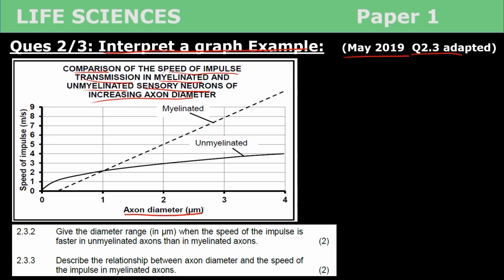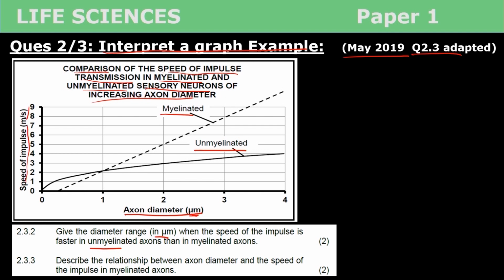On the x-axis is axon diameter, please note micrometers, and then speed of impulse on your y-axis, meters per second. Then you've got two lines, one for unmyelinated and the other for myelinated.